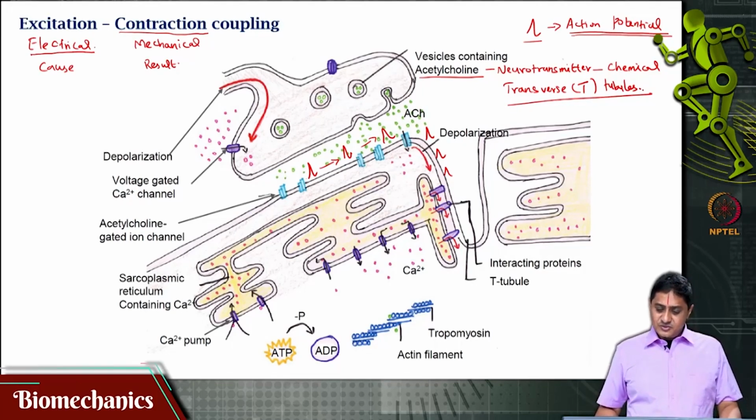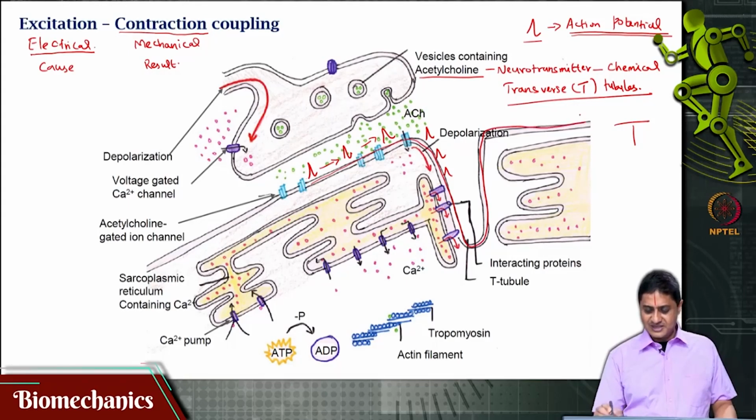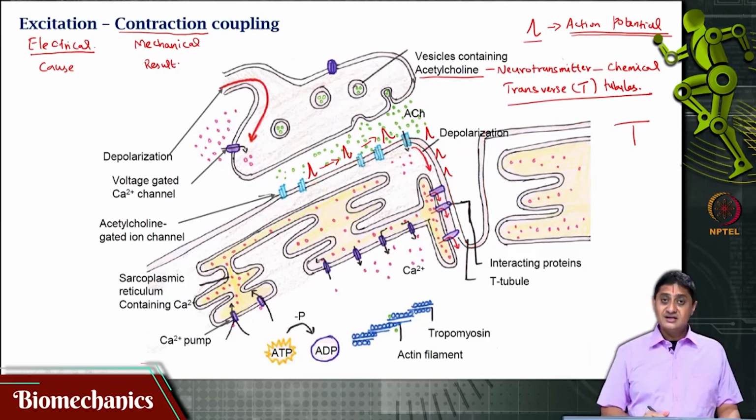These transverse tubules resemble the English capital alphabet T, right. It goes like this and then takes a dip and then goes back like this. That is the nature of the transverse tubule. Going forward, I will call this the T tubule.